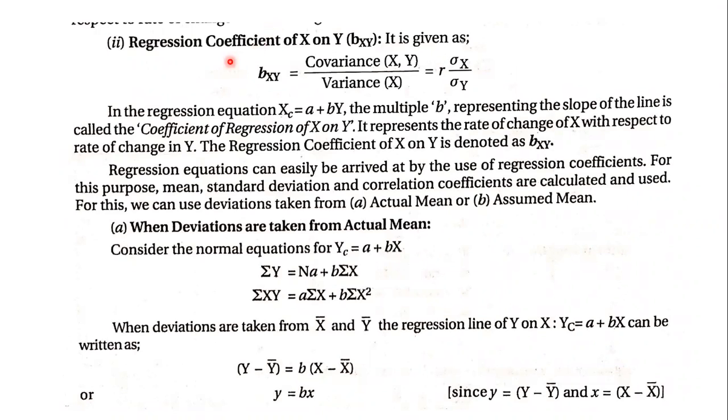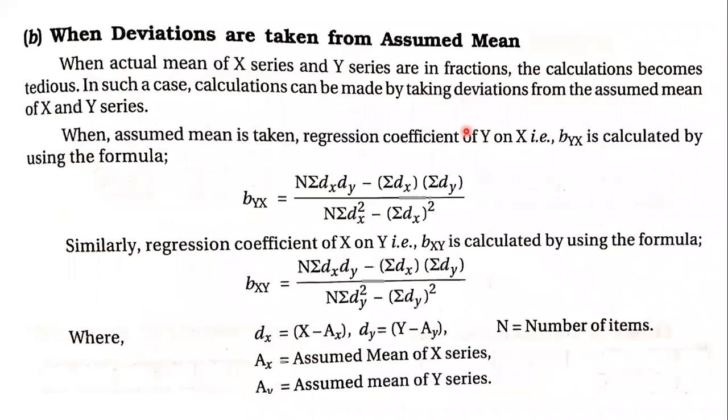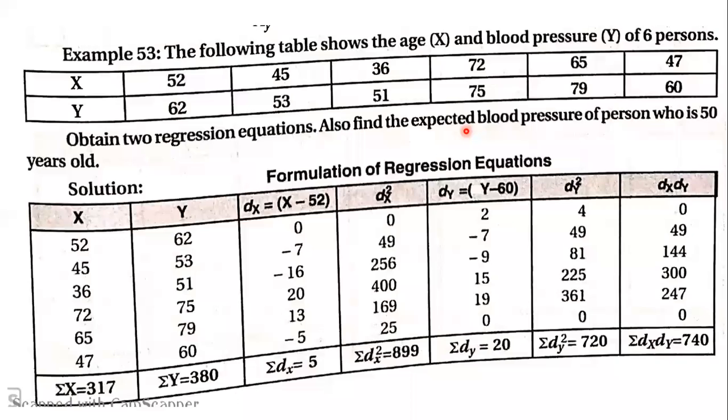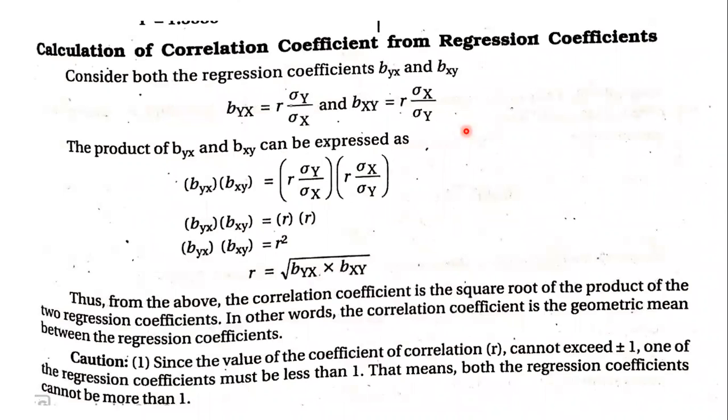Similarly, when you take the regression coefficient for Bxy, you have R into standard deviation of X divided by standard deviation of Y. So this is the other original formula. What we will be doing is taking these original formulas and applying them here to find the correlation coefficient.